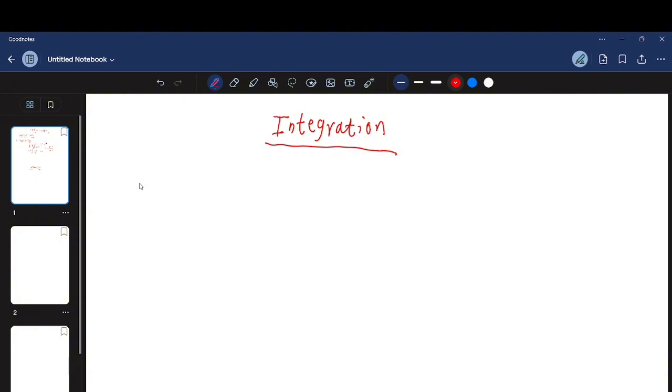Okay, so let's get started with integration. Integration is the opposite of differentiation. For example, we have a curve, an equation called y equals f(x). If you perform differentiation on this equation, you get dy by dx.